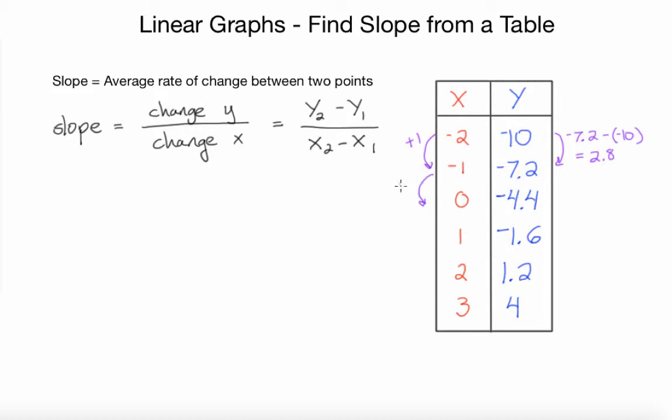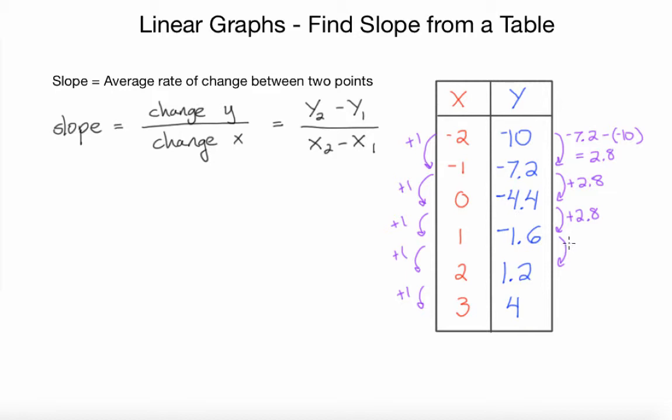All right, let's look at the next change. If I change another one for x, from -7.2 to -4.4, if I subtract those, we also end up changing by 2.8. Change another one for x, from -4.4 to -1.6, that's also a difference of increasing by 2.8. This pattern will continue along the whole entire table.